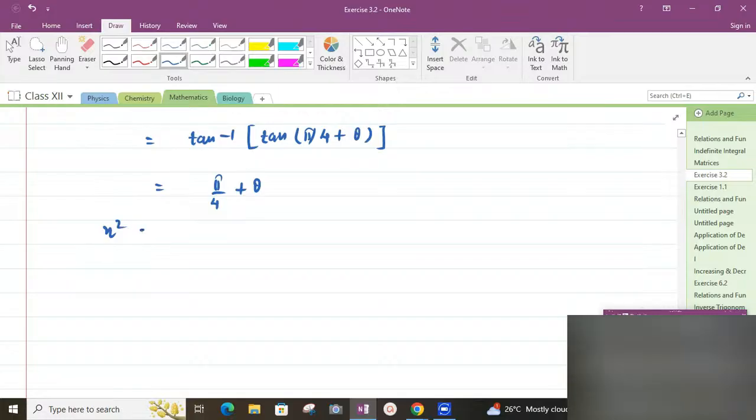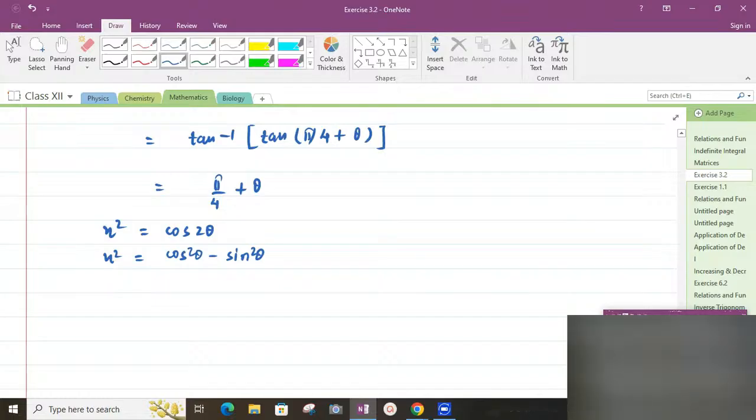x square equal to cos 2 theta, or x square equal to cos square theta minus sin square theta.